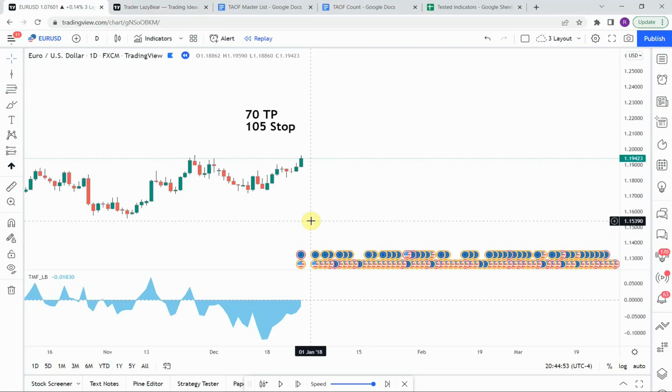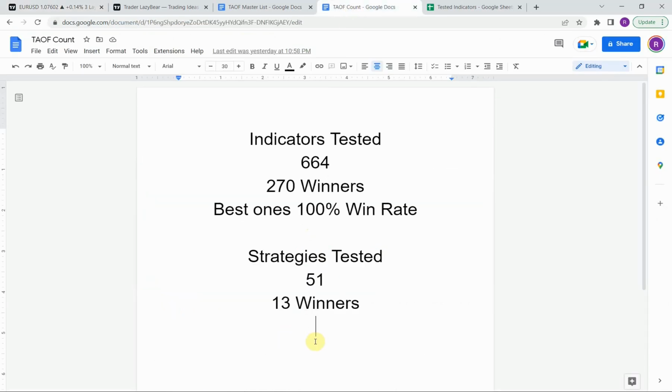Alright, as I said, today we will be testing the Twiggs Money Flow Indicator. Before we do though, I wanted to put the testing scoreboard up for everyone to see. So to date, we have tested a total of 51 different strategies, with 13 of them being profitable. We've also tested a total of 664 indicators, with 270 of them being winners.